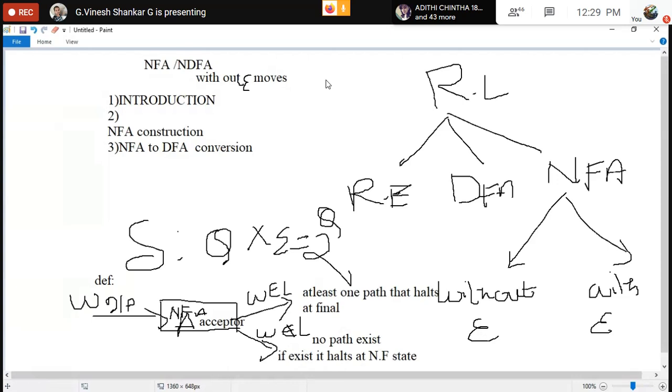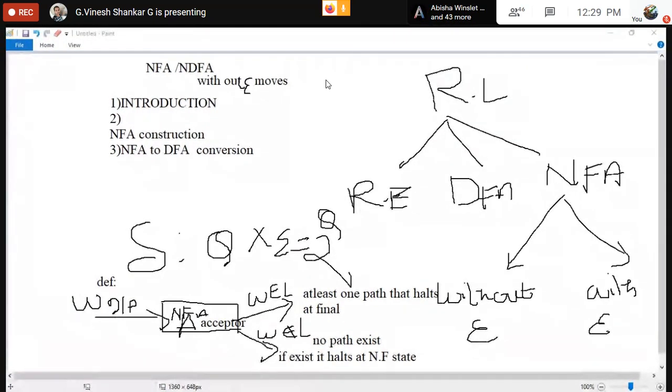Is it clear? If you have any doubt about this NFA definition, please tell me. NFA means it can have one path or more than one path for the same input symbol.